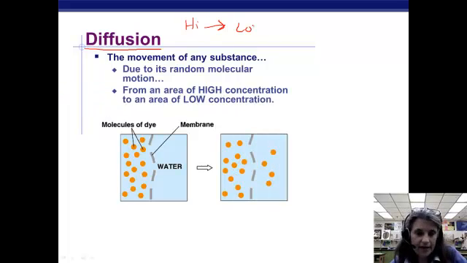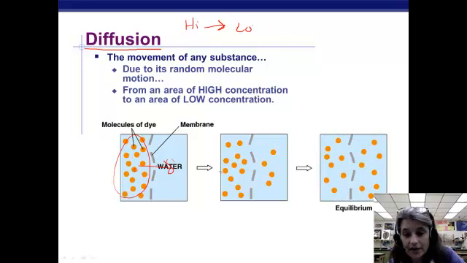As you can see in the diagram, the high concentration of molecules is on this side of the membrane. Their random motion would eventually take some of them from high to low over to this side until the point where they are in equilibrium. Now, when these molecules reach equilibrium, that doesn't mean the molecular motion stops.